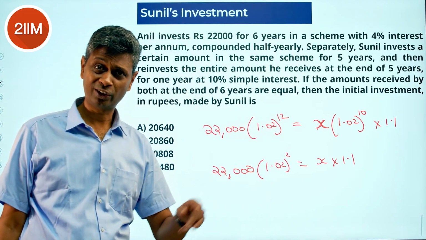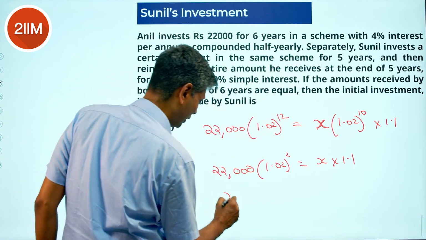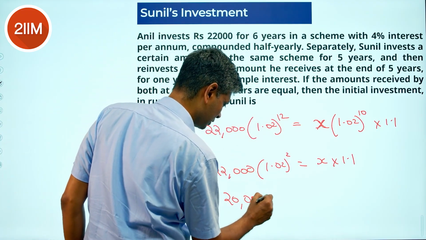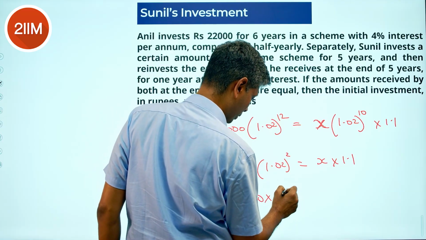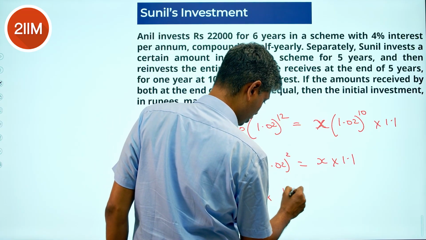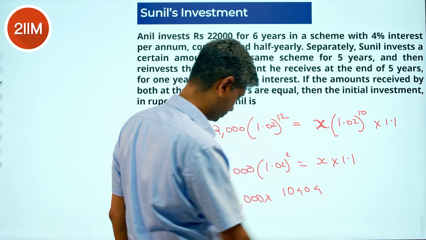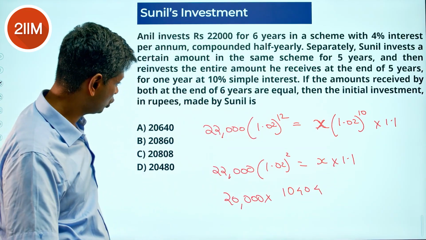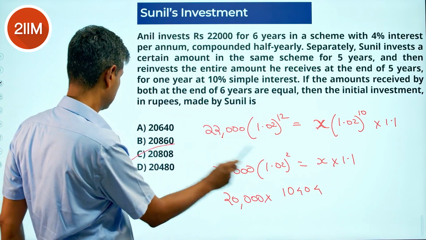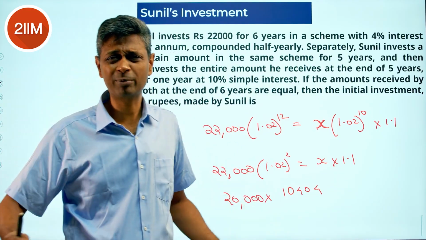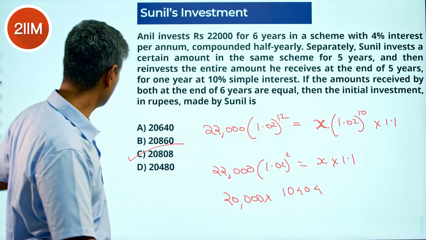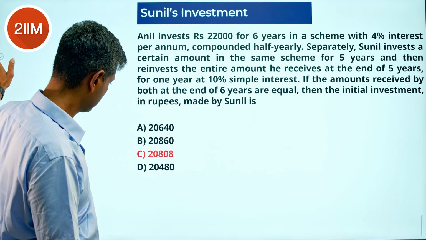That 1.1 is rather useful. Bring it here. This is 20,000 into 1.02 whole square, which I know is 10404. We're looking for 20808. If I have a calculator, punch it and get the answer. Beautiful, simple question. We should be nailing these.